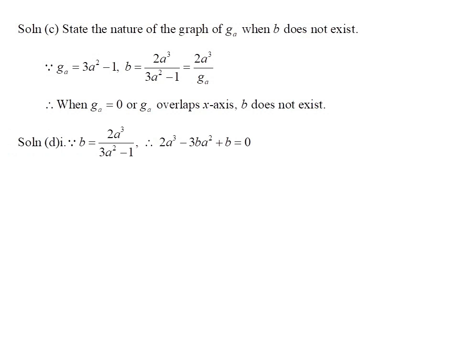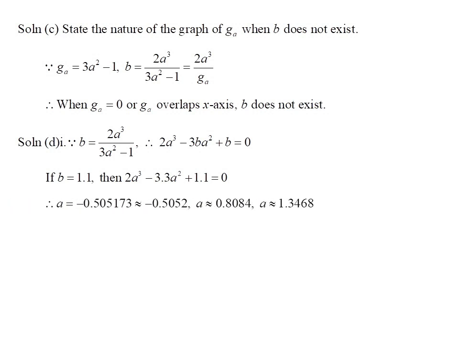Part D has two subparts. Subpart 1 requires us to state all values of a for which b equals 1.1. Since b equals 2a cubed over the result of 3a squared minus 1, which equals 1.1, after rearrangement we have the cubic equation 2a cubed minus 3.3 multiplied by a squared plus 1.1 equals 0.